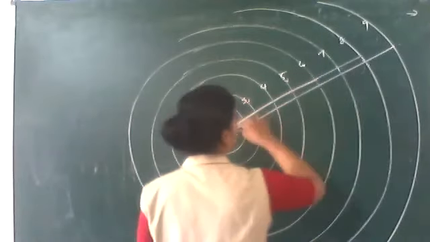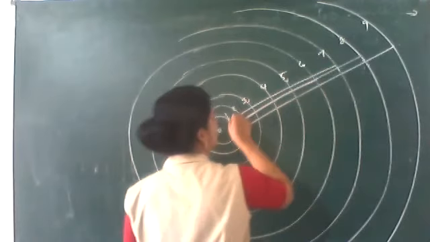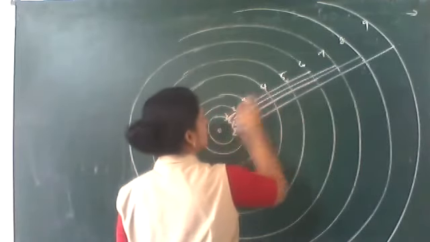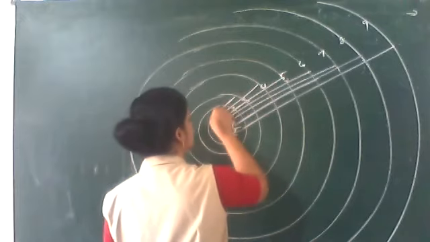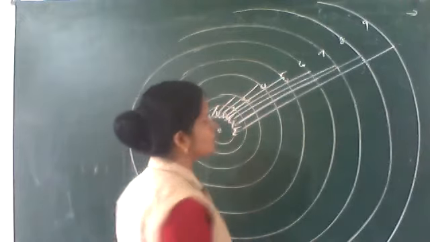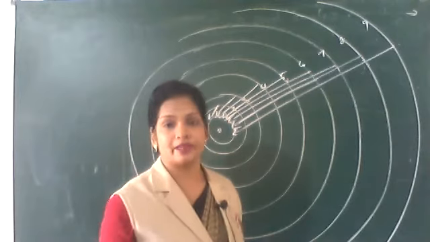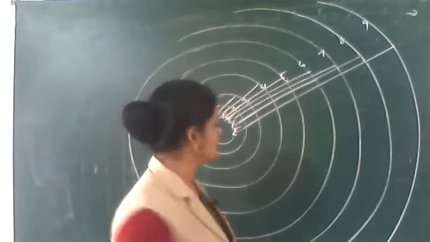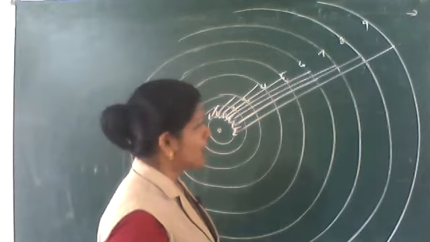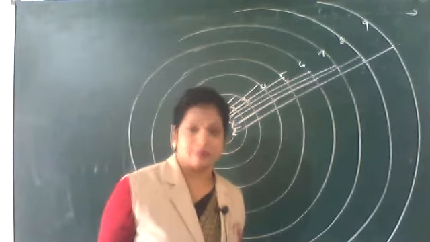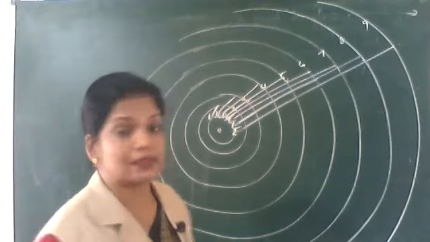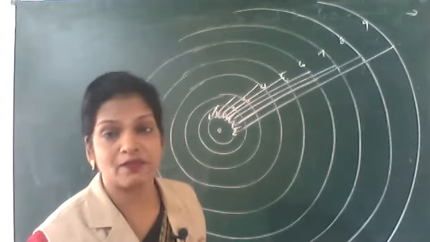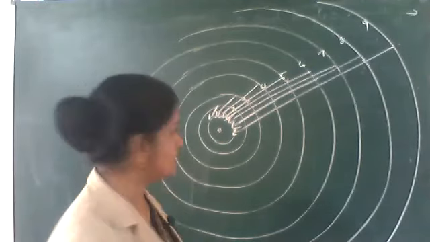From 8 to 1, from 7 to 1, from 6 to 1, 5 to 1, 4 to 1, 3 to 1, 2 to 1. So you get a group of lines. Scientist Lyman observed this, and these series of lines are called the Lyman series.